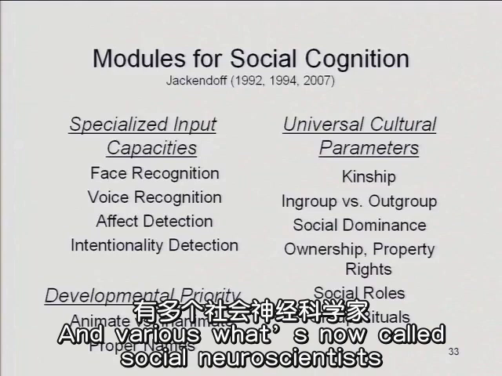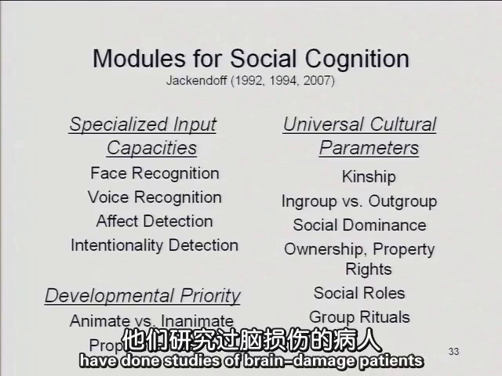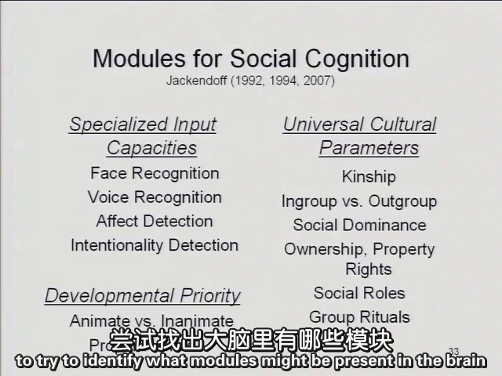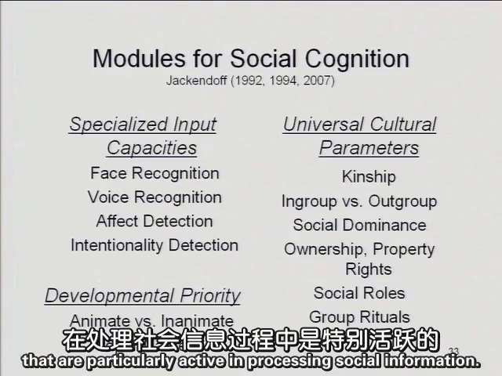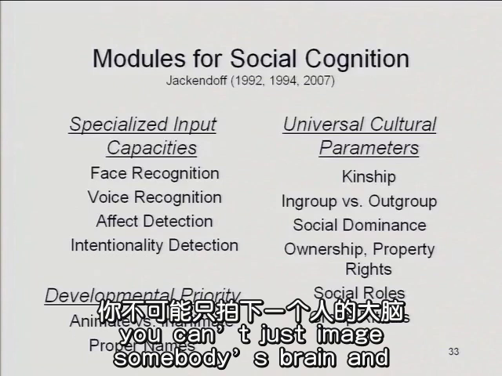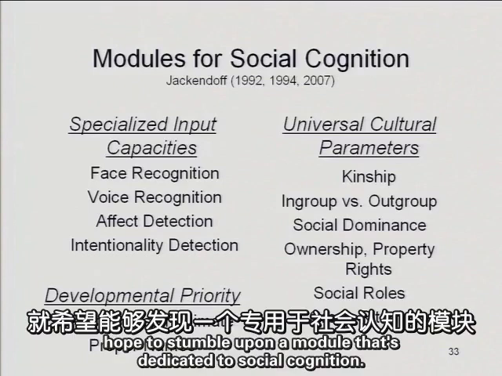And various social neuroscientists, as they're now called, have done studies of brain damaged patients and also brain imaging studies of intact subjects to try to identify what modules might be present in the brain that are particularly active in processing social information. Now again, if you just think about it for a second, you can't just image somebody's brain and hope to stumble upon a module that's dedicated to social cognition.